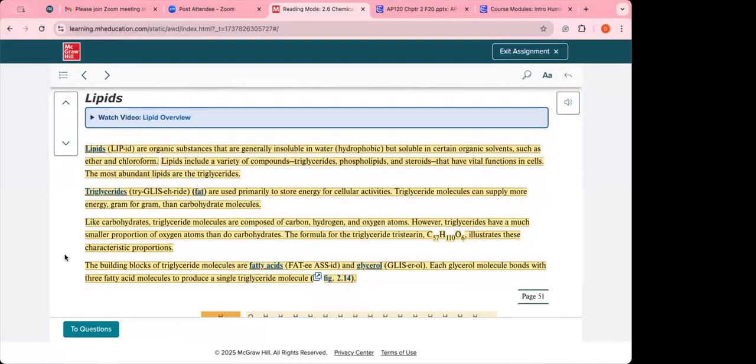Yeah, so here, triglycerides are composed of carbon, hydrogen, and oxygen atoms. However, triglycerides have a much smaller proportion of oxygen atoms than do carbohydrates.